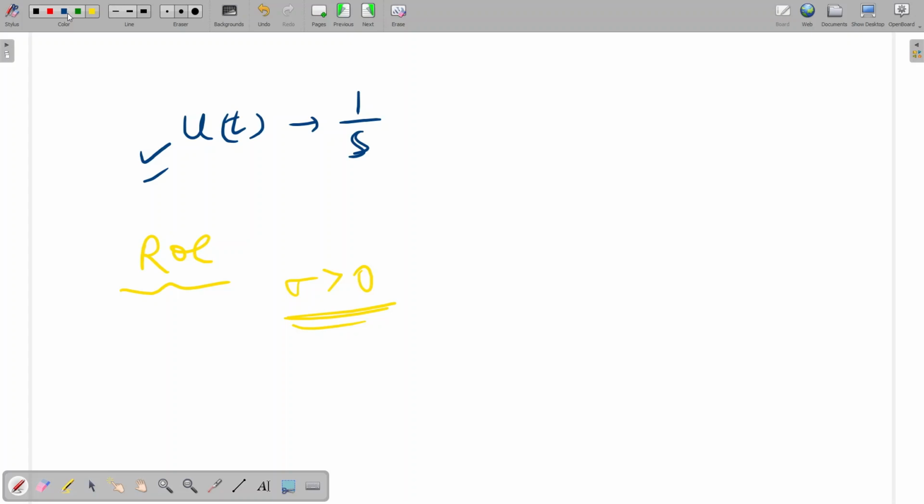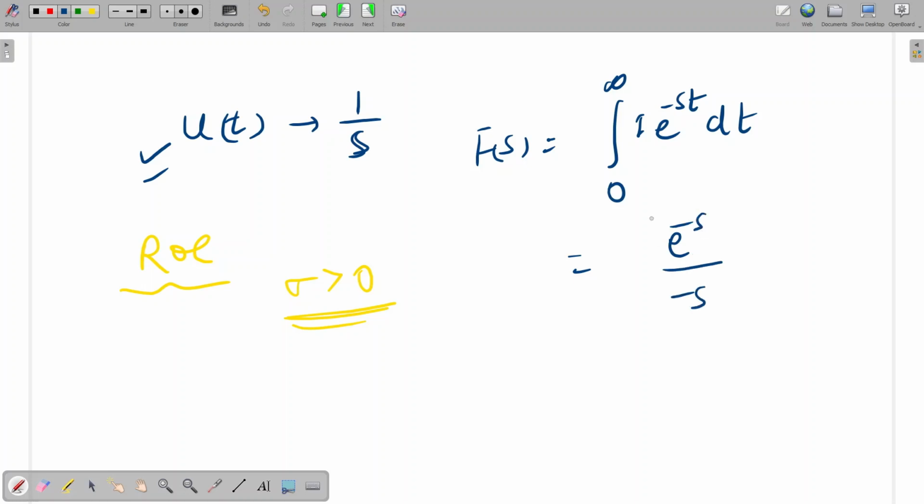We can do this one. F of s will be equal to the integral from 0 to infinity of 1 into e to the power minus st dt. So that will be e to the power minus st divided by minus s, from 0 to infinity. Correct?